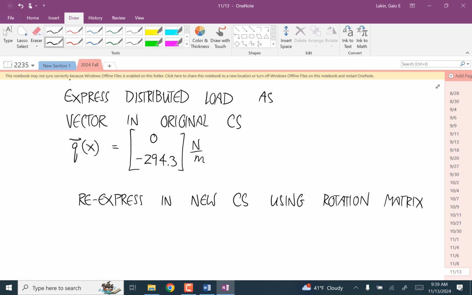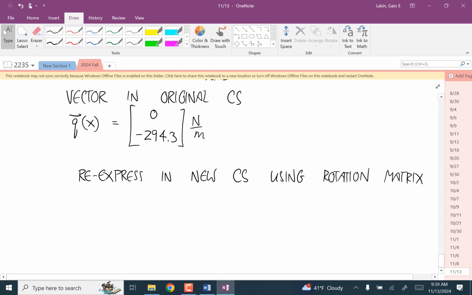So you're not going to have to worry about using this with functions of x or anything. But now we have our 0.5, 0.866, negative 0.866, 0.5, times our vector 0, negative 294.3.